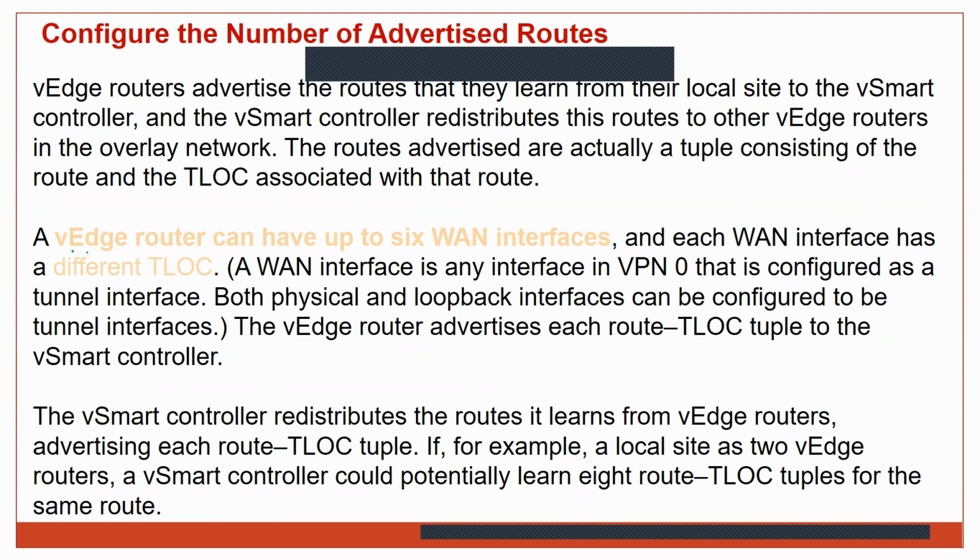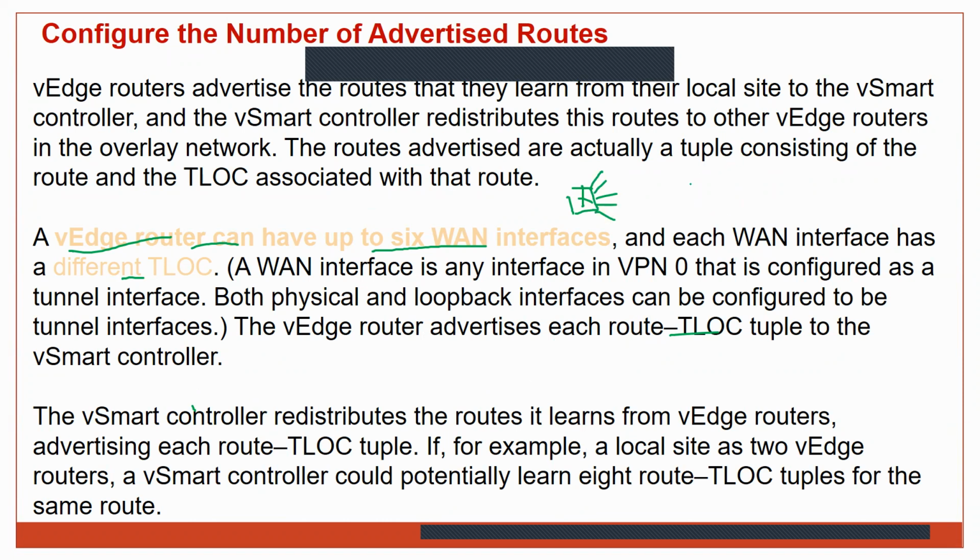A WAN edge router can have up to 6 WAN interfaces, and each WAN interface has a different TLOC. Obviously, different interfaces have different TLOCs. But one WAN device has a limitation of up to 8 TLOCs that we can configure. TLOC is the tunnel endpoint of the WAN connection where it connects to the transport.